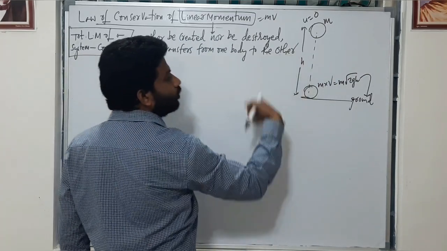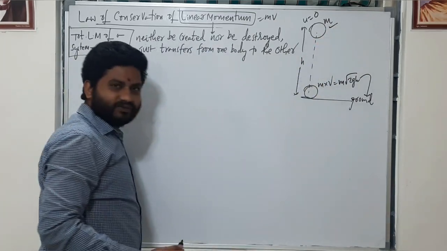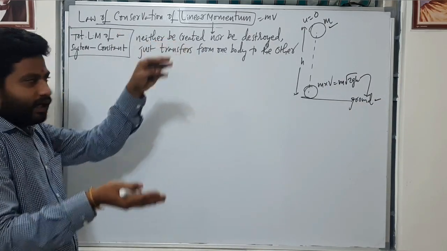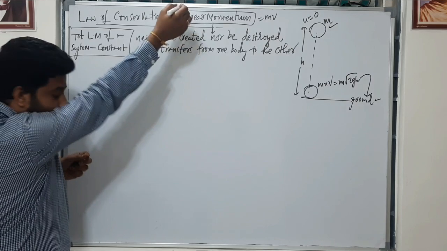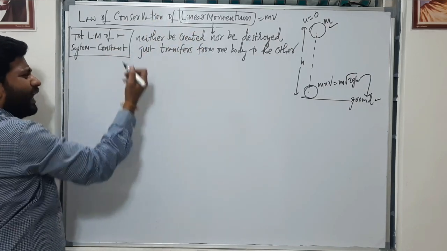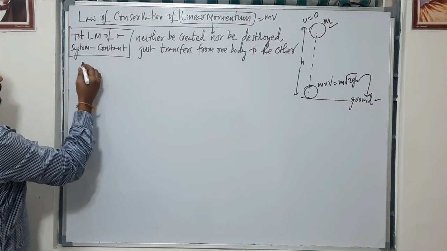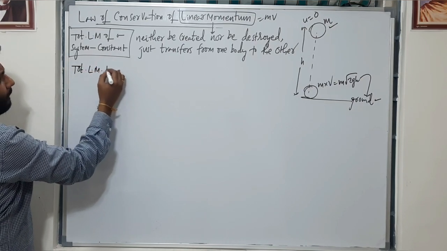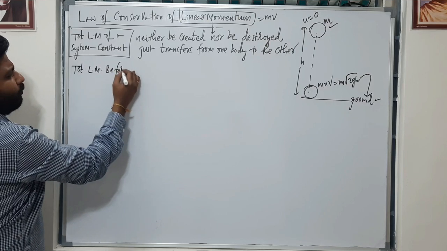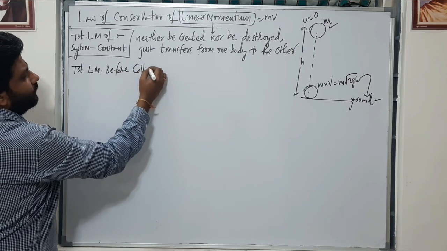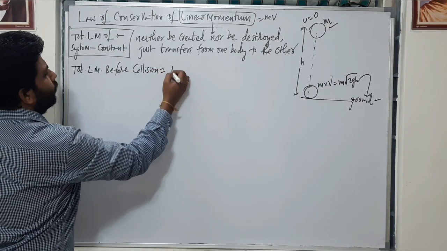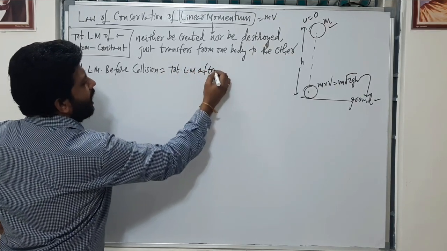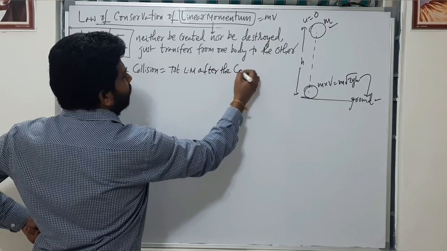For example, there are two bodies. One is the body, the other one is the ground. Okay, there are two bodies, body and the ground. So in the same way, these two together, what I can write here: total linear momentum before the collision is equal to total linear momentum after the collision, right?